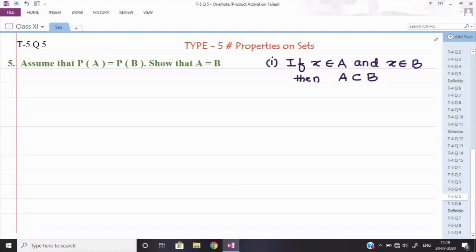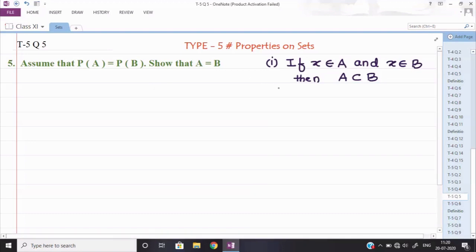So when we start the proof of the given question, we shall take x as an element, every element of set A. Similarly, when we talk about set B, we shall take y as every element of set B. So that you remember, we will show that if every element of set A lies in set B, then A will be a subset of B. We cannot take all the elements of A, and we cannot fix the number of elements of A, so that's why we are taking one representative for all the elements, that is our element x.